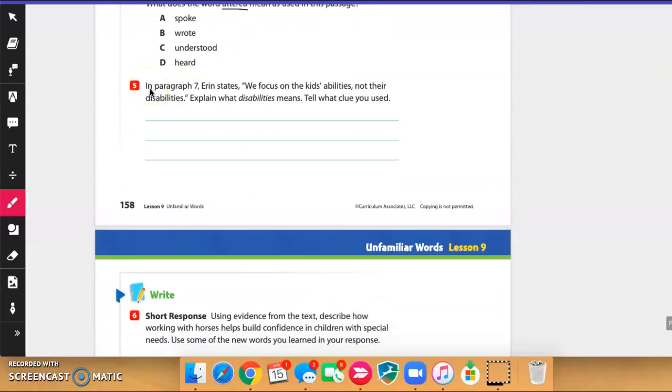Number 5. In paragraph 7, Erin states, we focus on kids' abilities, not their disabilities. Explain what disabilities means and tell which clue you used. So you might want to go back up to paragraph 7 and reread this part to help understand disabilities.